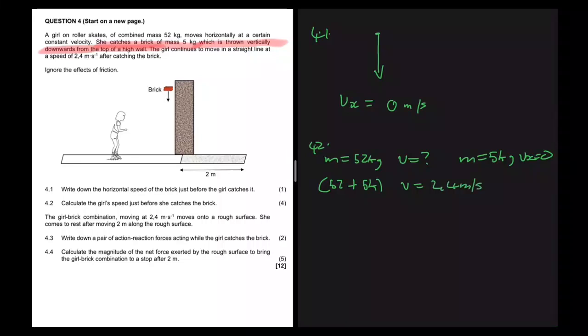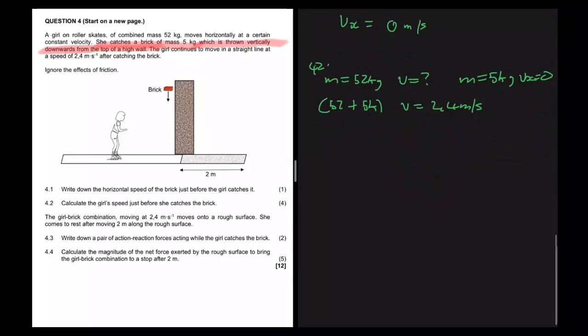Which law are we going to use to solve this problem? We're going to use the conservation of linear momentum. That is to say that the sum of the momentum before will be equal to the sum of the momentum after. So let's go ahead and calculate the momentum before.